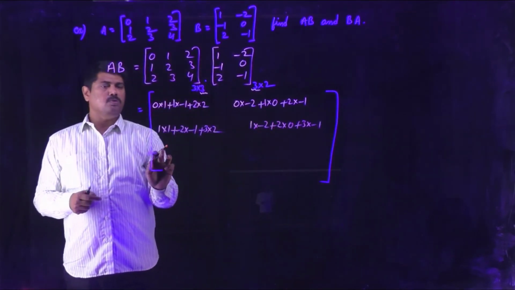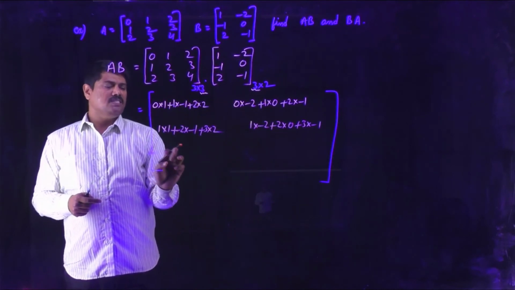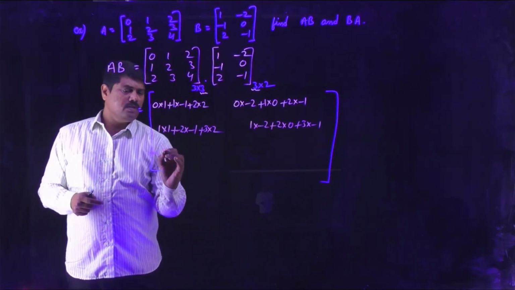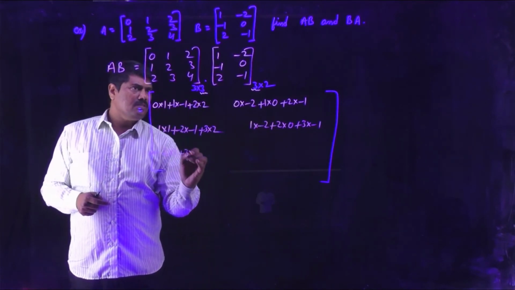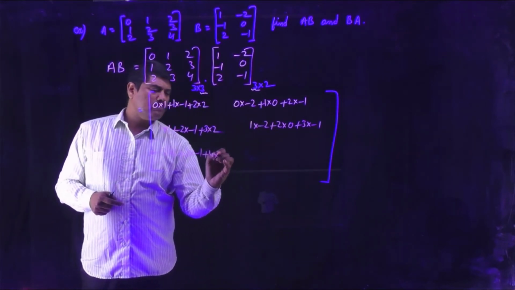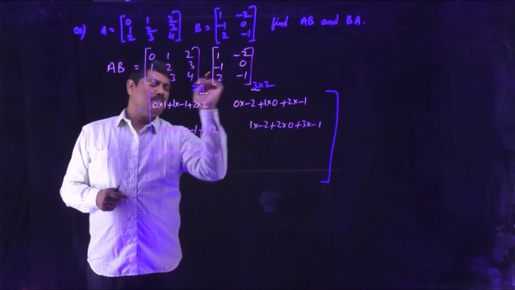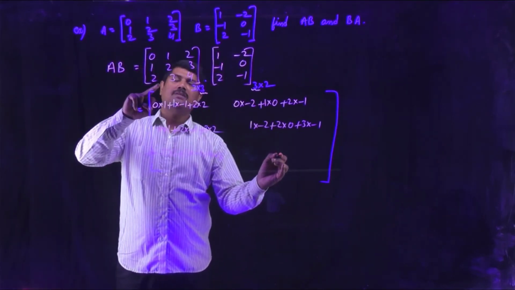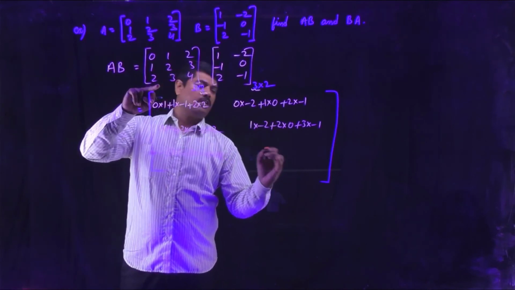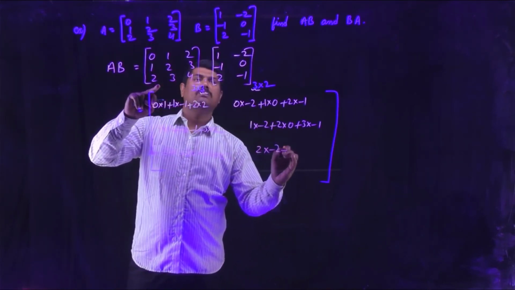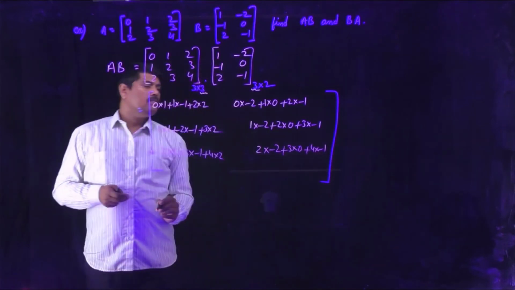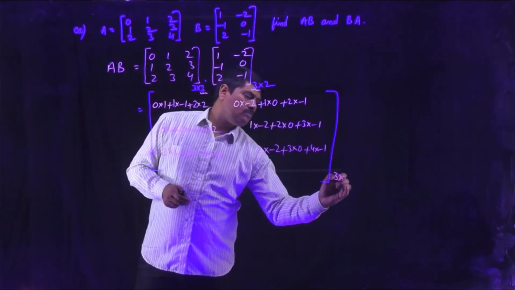Now come to the third row. This is the 3 1 position, third row with the first column: 2 into 1, 3 into minus 1, 4 into 2. Later this is the 3 2 position, third row multiplied with the second column: 2 into minus 2, 3 into 0, 4 into minus 1. So this is of order 3 by 2.